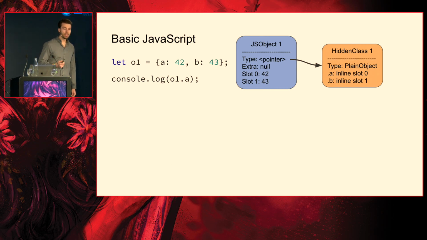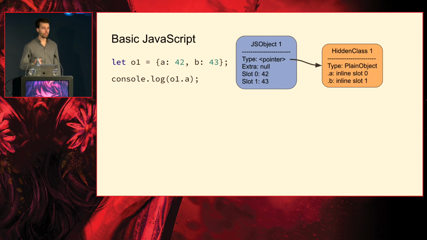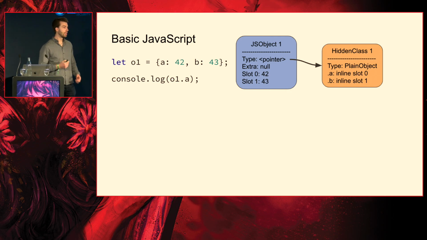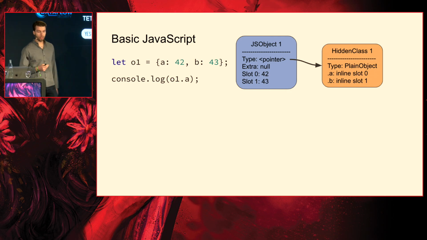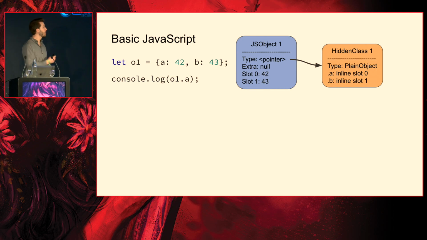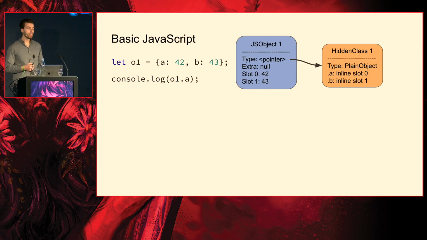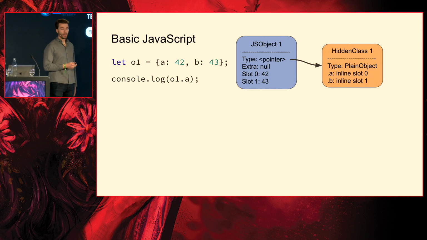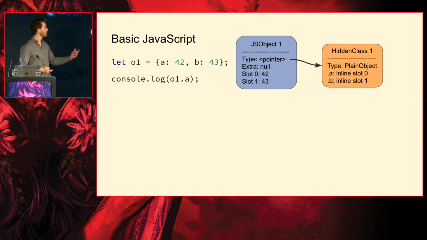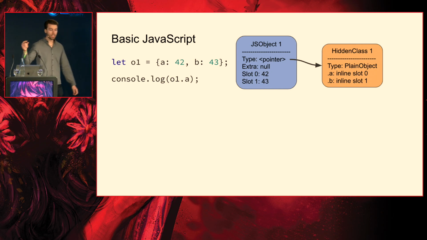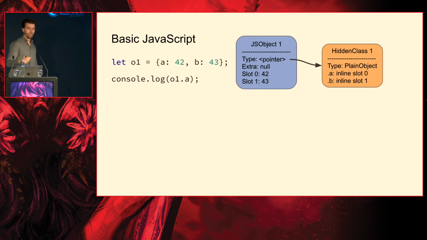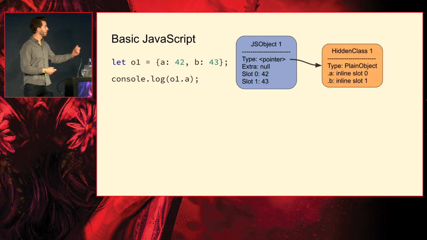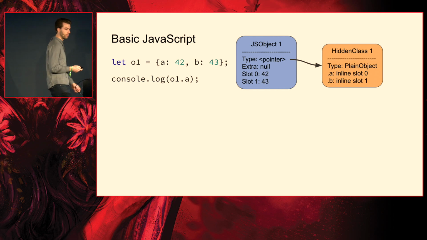And so now this hidden class contains the information where those properties live, right? In this case, it says A and B are both inline properties, and so they are stored directly in that object. And here, if we were to load property A to print it, for example, the engine goes to this object, goes to the type, the hidden class, and asks, hey, where is property A stored? That tells it it's inline in the object, and so then it goes and fetches it.